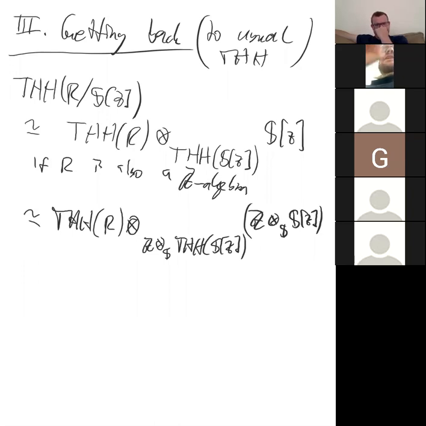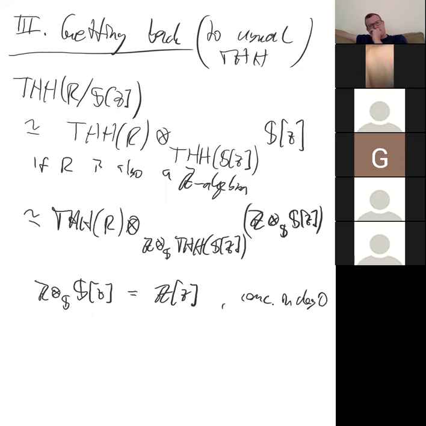And now these two things are both pretty nice, right? So Z tensored over S with this guy, well, that's just Z adjoint Z, by which I mean, again, the Eilenberg-MacLane spectrum, concentrated in degree 0.